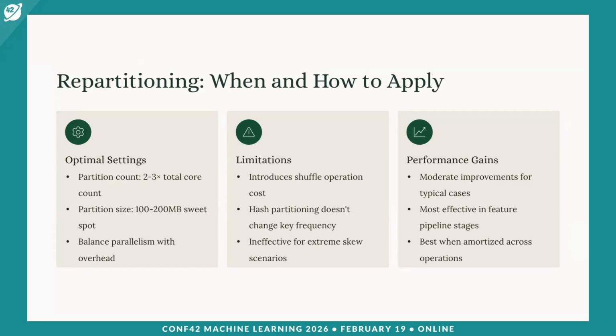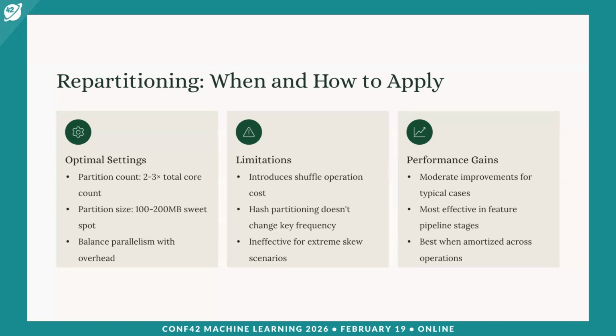The partition size is ideally 100 to 200 MB, which is our sweet spot for balancing parallelism with overhead. As for limitations, it introduces a shuffle operation as you redistribute the data, and hash partitioning does not change the key frequency, so it is ineffective for extreme skew scenarios. When you have a large skew for one particular region, for example, you need to think about other techniques to redistribute the data.